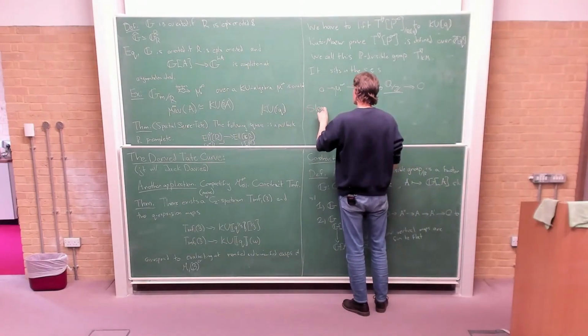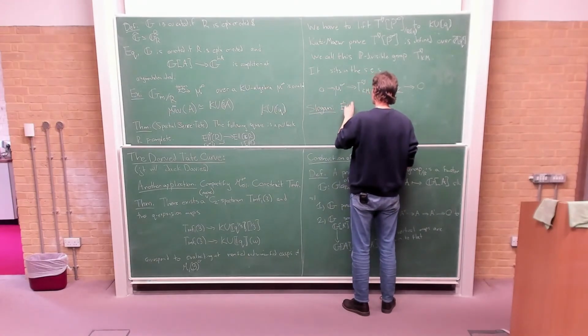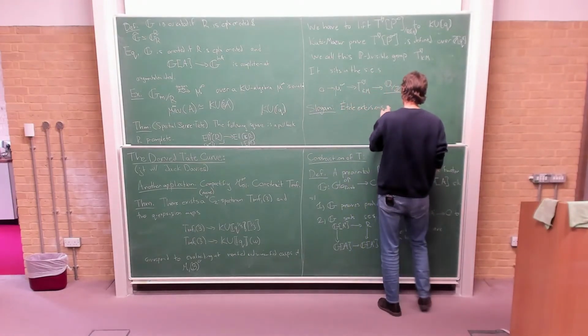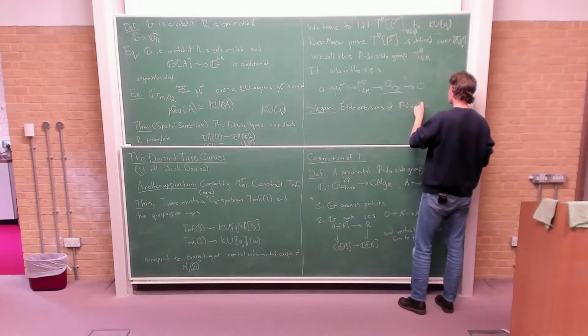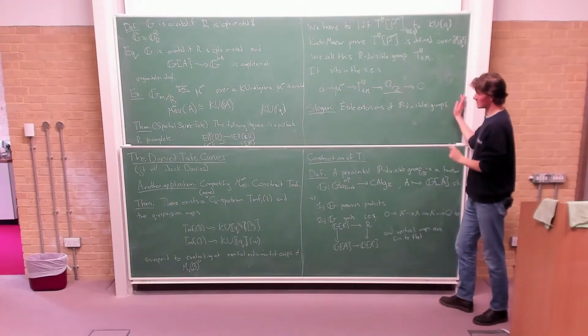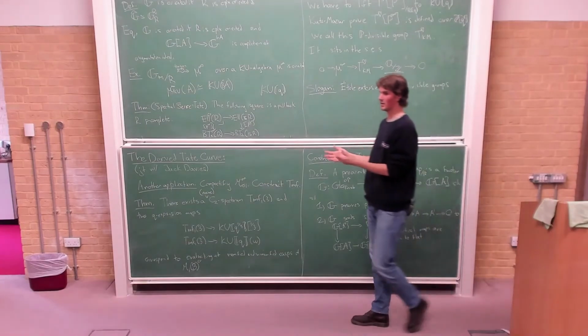So now we have the following slogan. An extension of p-divisible groups is a concept very much in spectral algebraic geometry, but it has an analog in equivariant homotopy theory.